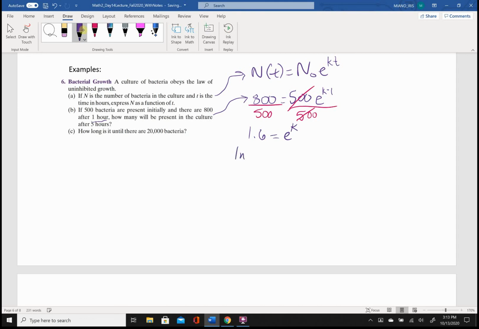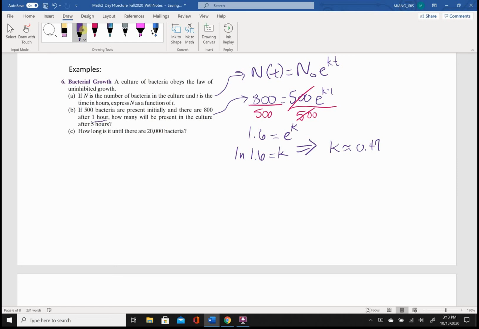So the natural log of 1.6 therefore will equal K. Use that calculator, and therefore K is going to be approximately 0.47. So that's the growth rate. We have a 47% growth rate.